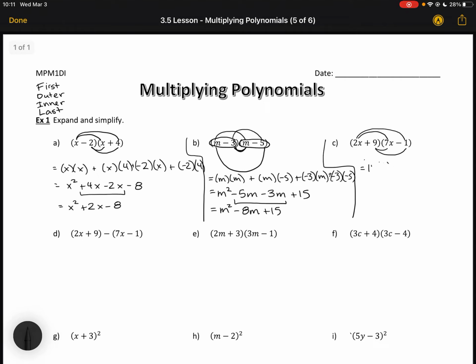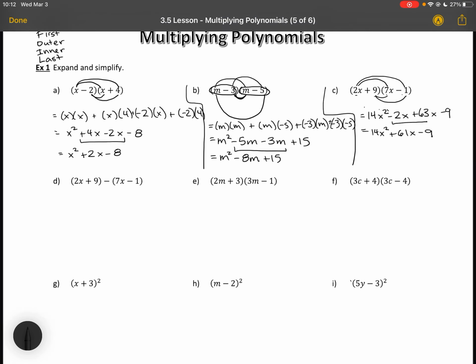So 2x times 7x will give me 14x squared. 2x times minus 1 will give me minus 2x. 9 times 7 will give me plus 63x. And then 9 times minus 1 will give me minus 9. My two middle terms are like terms. I can combine those to finish simplifying my answer, which would give me plus 61x.